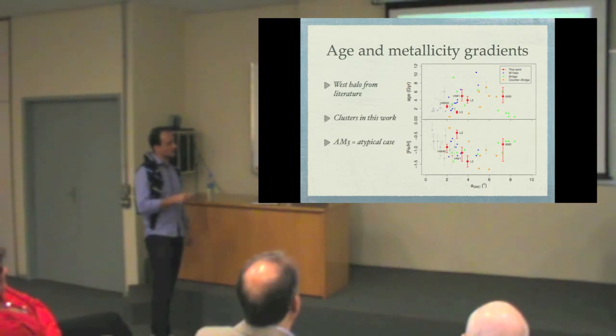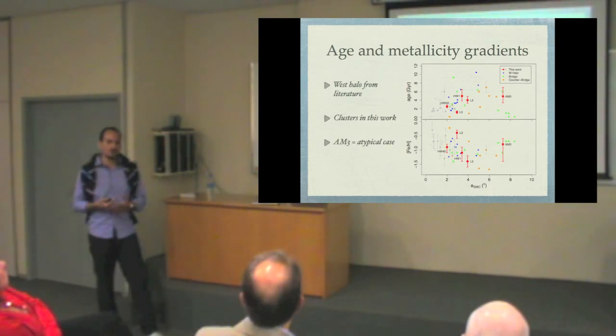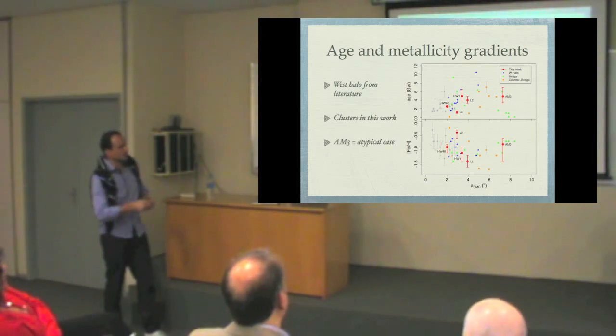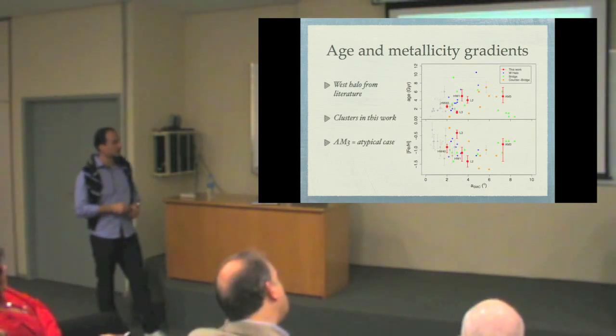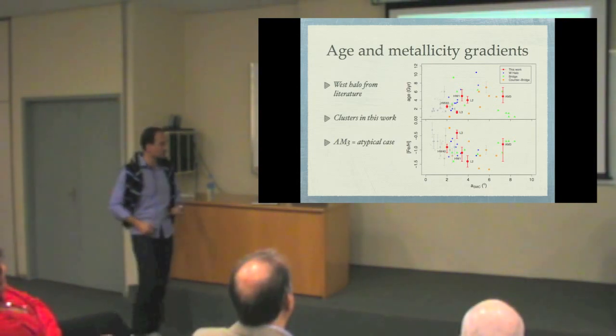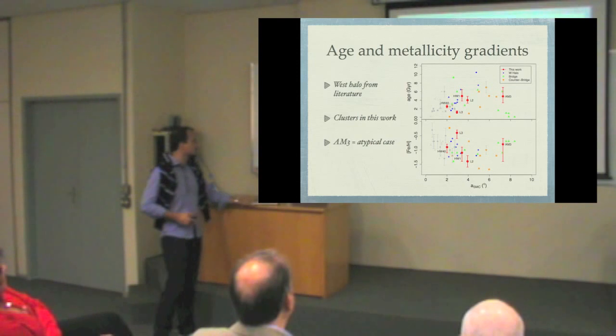So the clusters that were formed early were already stripped, and now the other ones are being stripped also. And for metallicity, the more metal-poor ones would be formed before.